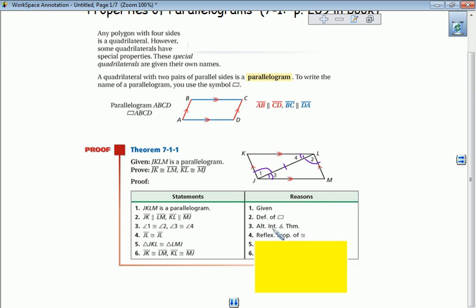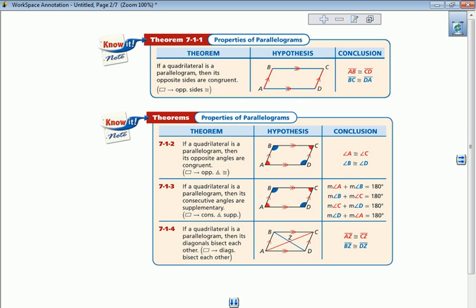These are congruent by angle side angle. And then because they're congruent, we know that all the corresponding parts are also congruent. So we can say JK is congruent to LM and KL is congruent to MJ by corresponding parts of congruent triangles are congruent. All right.